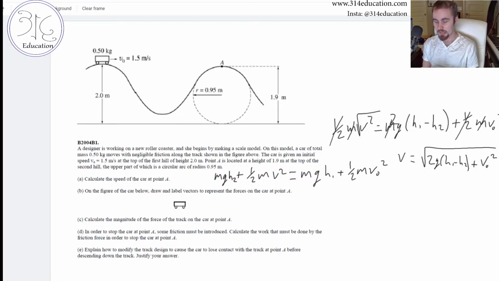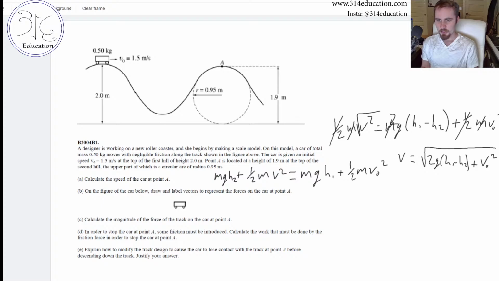9.8 times, and our height difference was 0.1 meters. That's 2 minus 1.9. And then we also have that V0 squared term, which is 1.5 squared. Let's make sure these are all in the same units.